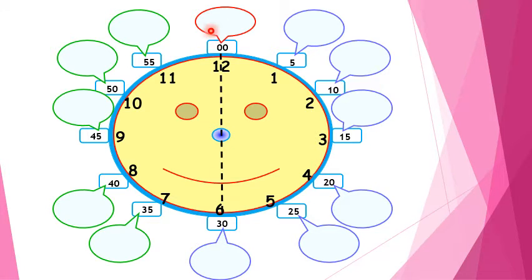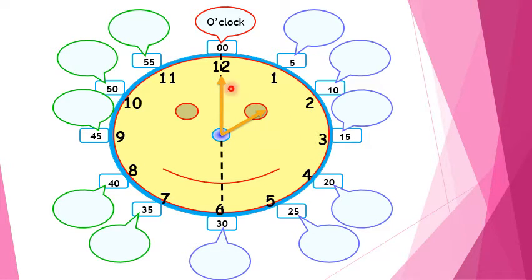I can cut it into two parts to make it easy for me. I will call this part the part that we read, and this is the mirror of it. So if the long arm is here on 12, it's o'clock. We have the long arm here and the short arm can be on any hour.